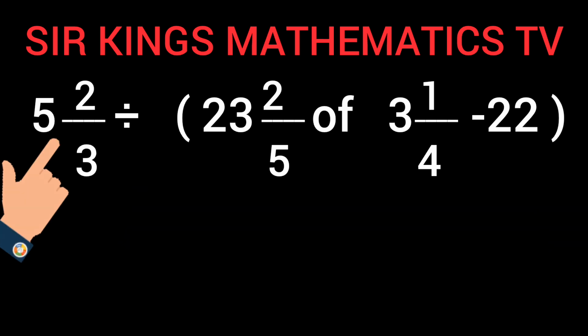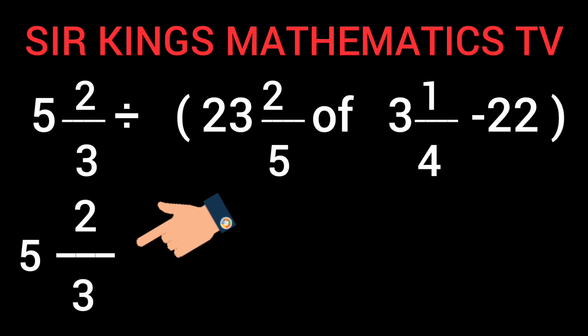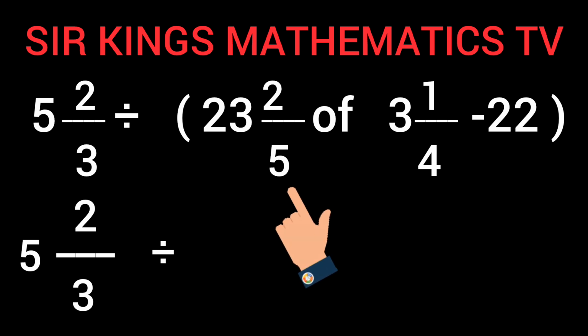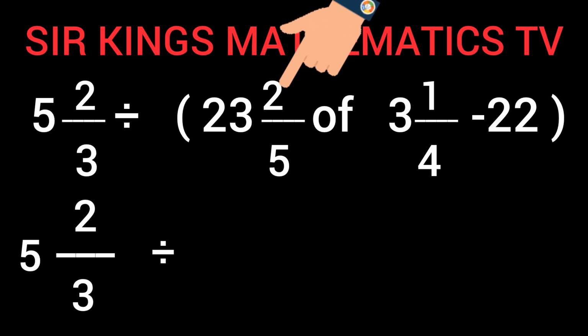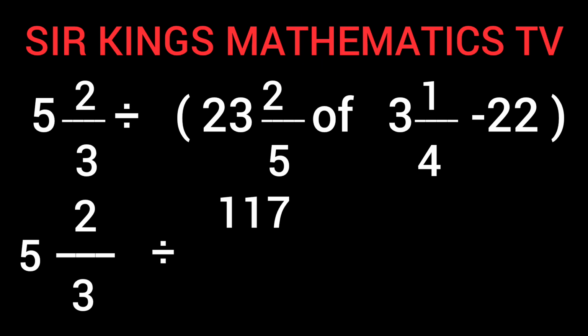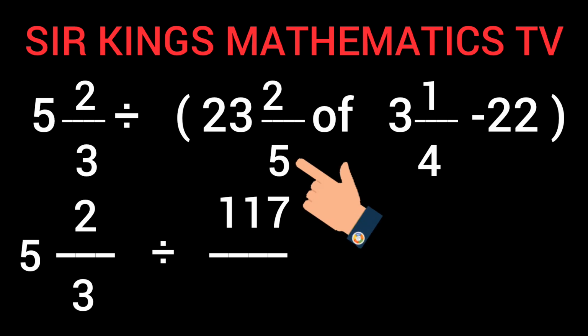Write down 5 2/3. Write down divide sign. Now 5 times 23 will give us 115, plus these 2 here will give us 117 over these 5 here.